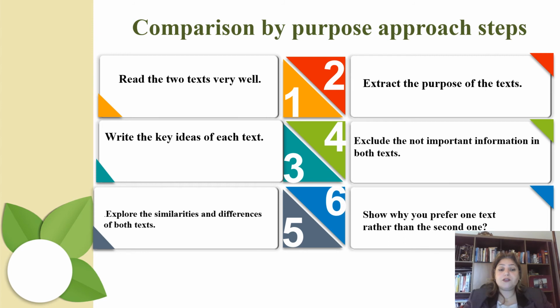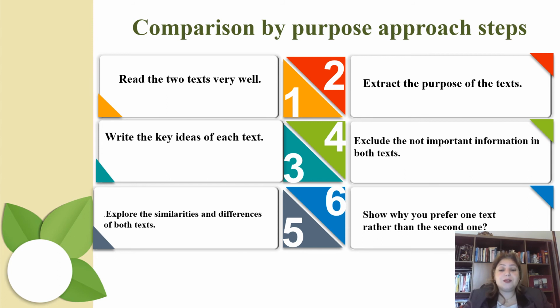Then, in the fifth step, explore the similarities and differences of both texts. You need here to put the key similarities and the key differences between the texts. This is very important to differentiate between the two texts.